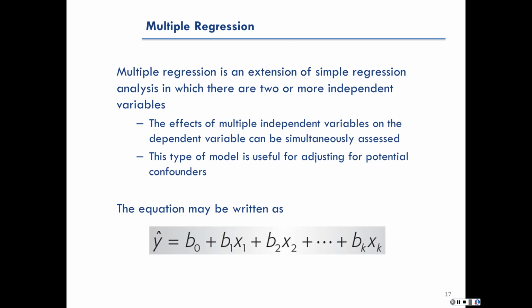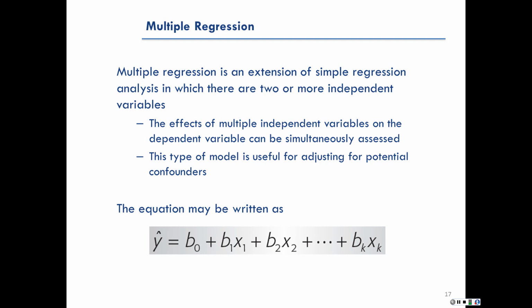All right. There's also multiple regression. I'm going to touch on this briefly. It's not going to be in your assignment. Multiple regression is just an extension of simple linear regression, in which there are more than two independent variables. So we basically, in addition to y and x, we also have additional x independent variables. And we do this in order to control for potential confounders.